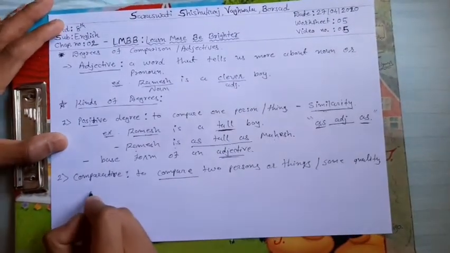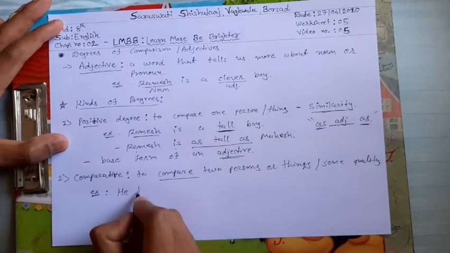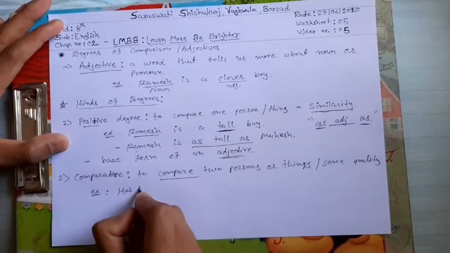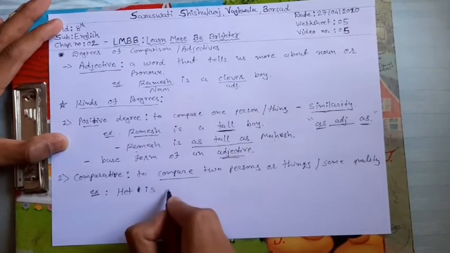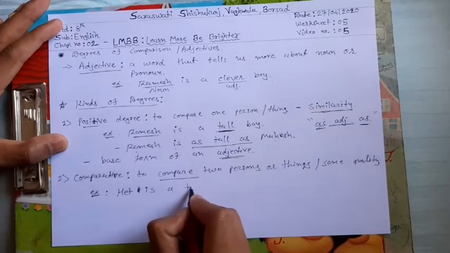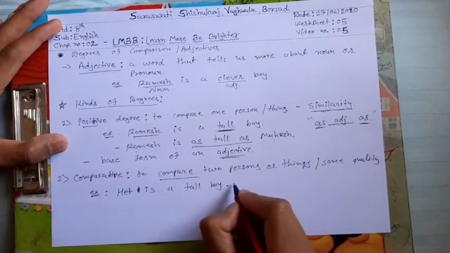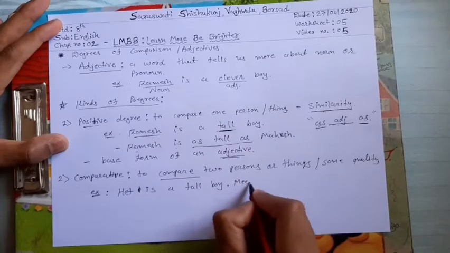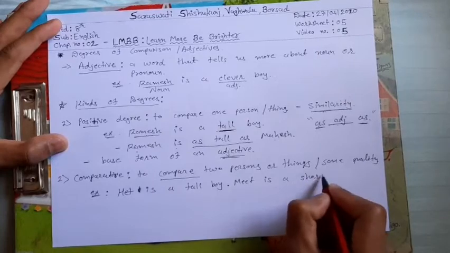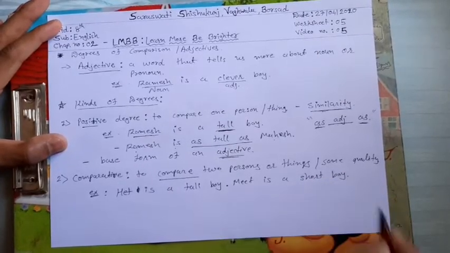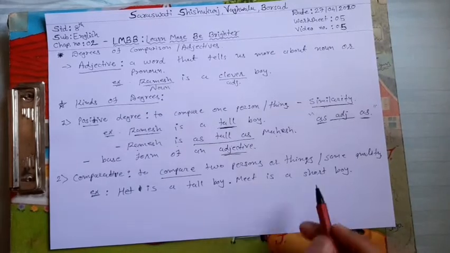How? For example, Heth is a tall boy, then Meet is a short boy. In this sentence we can see Heth is a tall boy and Meet is a short boy.